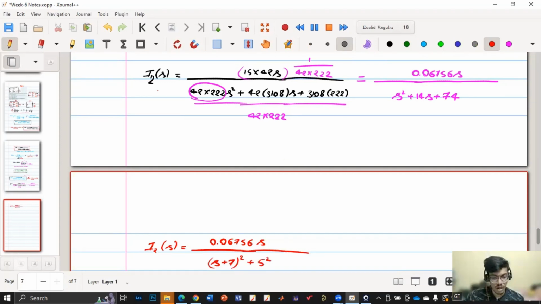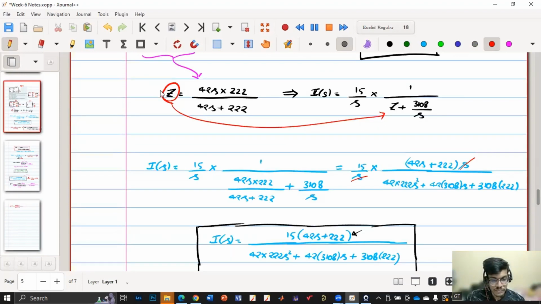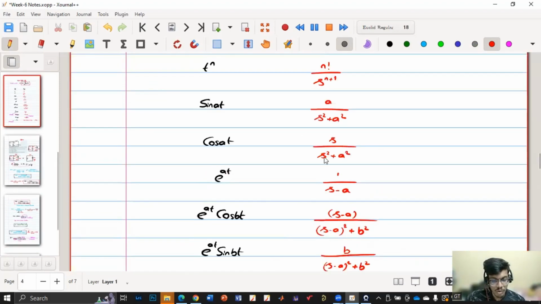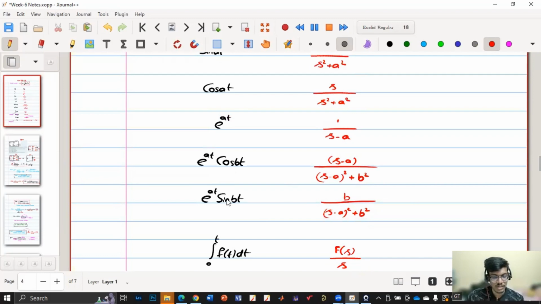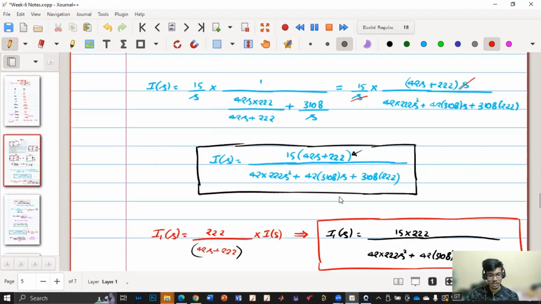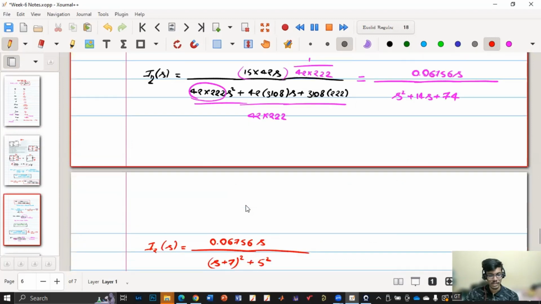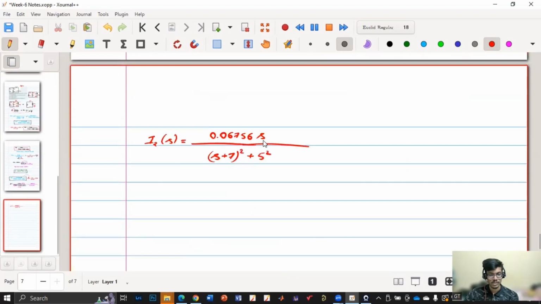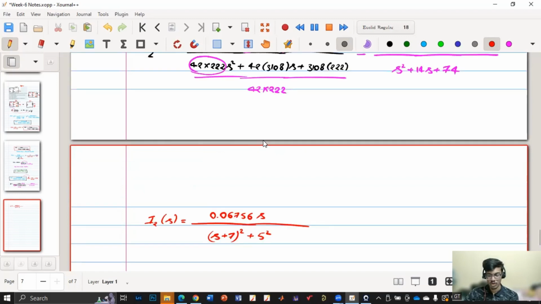So now it is in which format out of these tables, whether it is cos or sine? Sine. Are you sure? Because we have S term in the numerator. Cos format, sir.